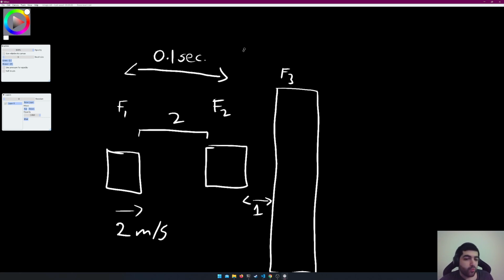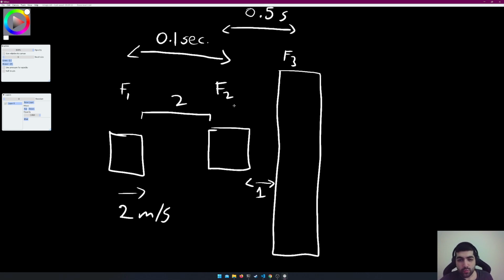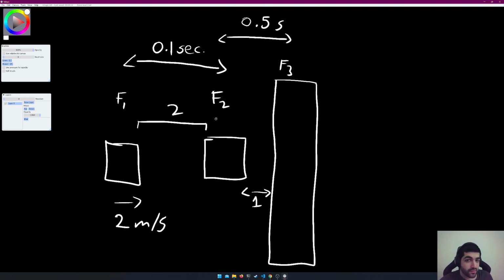But perhaps we had a big explosion, and then from this frame to this frame it took 0.5 seconds. So it moved for a different amount of time, but it moved the same distance, which is wrong. If more time has elapsed, then it should have moved more units, right?